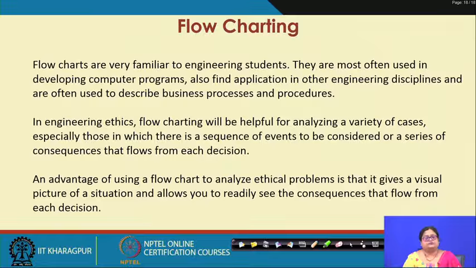In engineering ethics, flow charting will be helpful for analyzing a variety of cases, especially those in which there is a sequence of events to be considered or a series of consequences that follows from each decision. The advantage of a flowchart to analyze an ethical problem is that it gives a visual picture of the situation and allows you to readily see the consequences that flow from each decision.